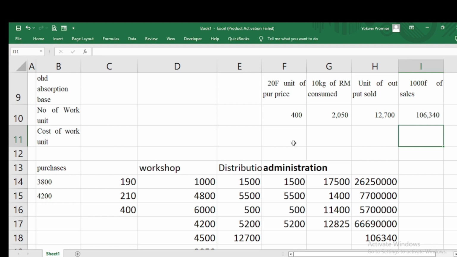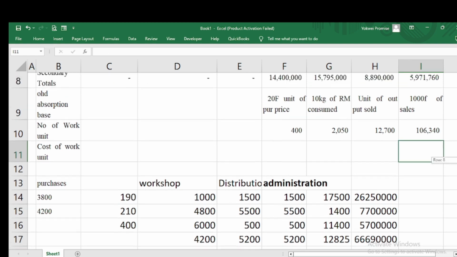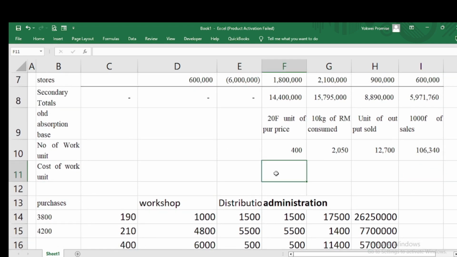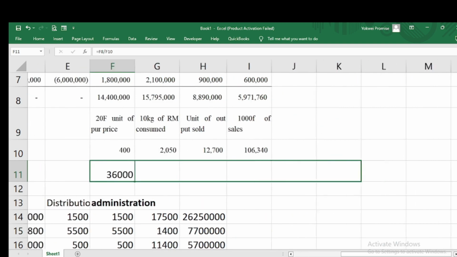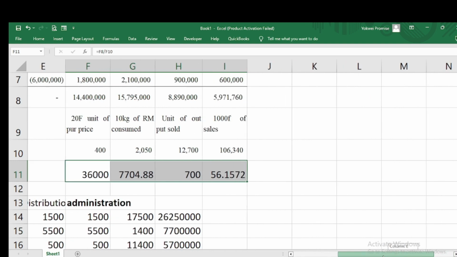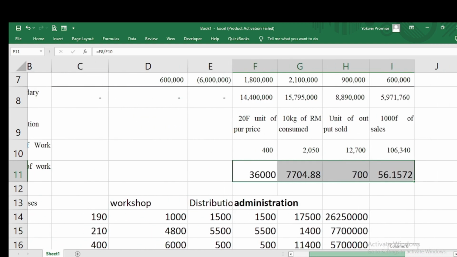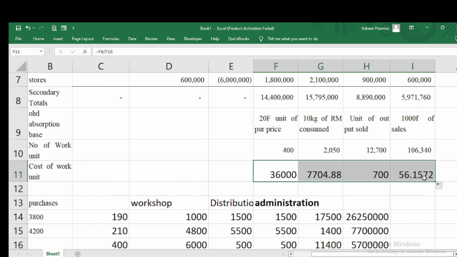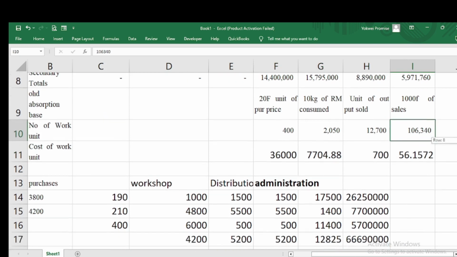Now the cost of work unit is equal to, listen, cost of work unit is equal to secondary totals divided by number of work units. So we are going to have this 36,000. So we are going to have this. Look, there are some lapses here with this amount.